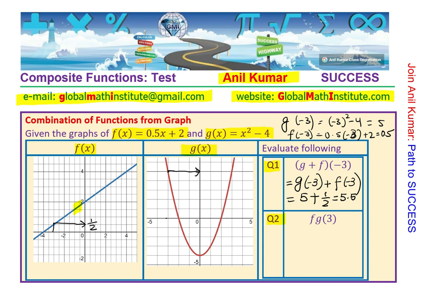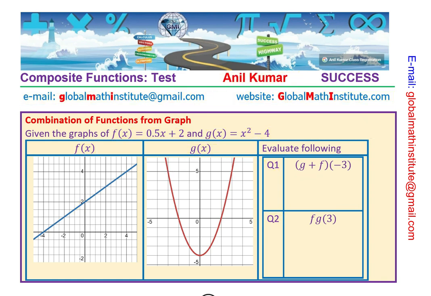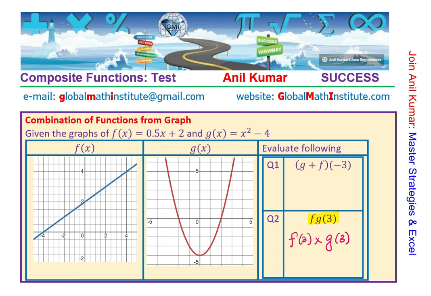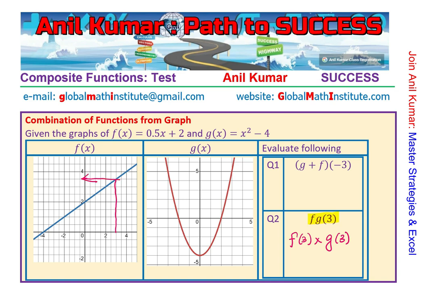Perfect. Now, on a fresh page, let's see the second function, f times g of 3. So it really means you have to find the value of the function f at 3 and multiply that with the value of the function g at 3. So at 3, the value for f of x is what? At 3, you can read from the graph, it is this value, which is 3.5, right?